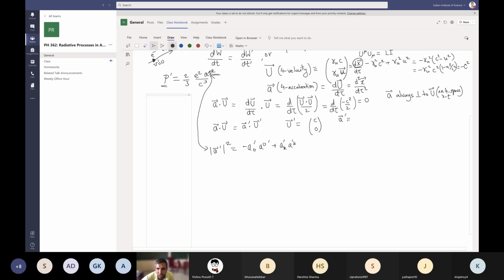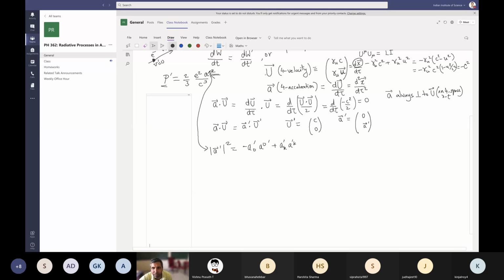So I'm trying to write what A prime, the 4 vector, is, and what I'm writing it as is 0, comma, A prime. Now, why is this 0? This is actually the argument, right?